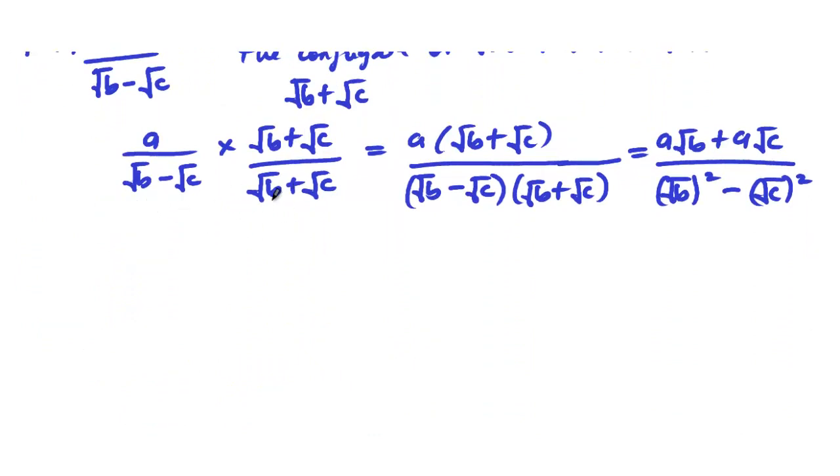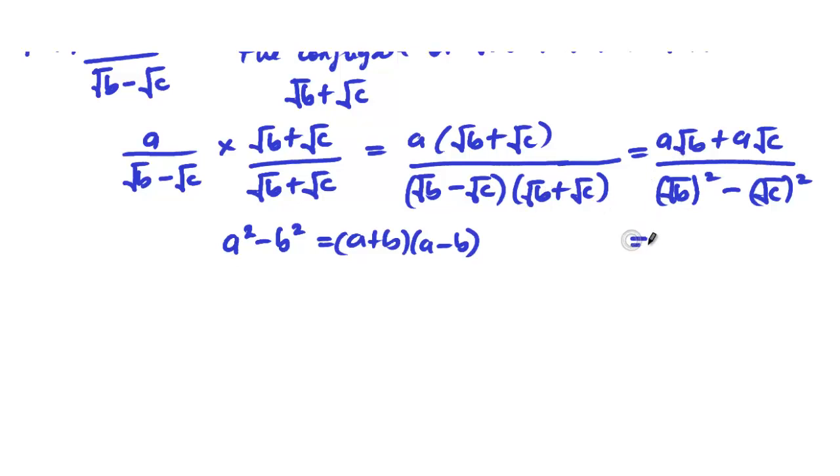Difference of 2 squares basically tells us that A square minus B square is the same thing as A plus B into bracket A minus B. So that implies that if you have A plus B into bracket A minus B, just like what we have here, root B plus root C into bracket root B minus root C, then we can take it as A square minus B square. That's why we have root B square minus root C square. Of course, if you open this bracket, you still get the same thing.